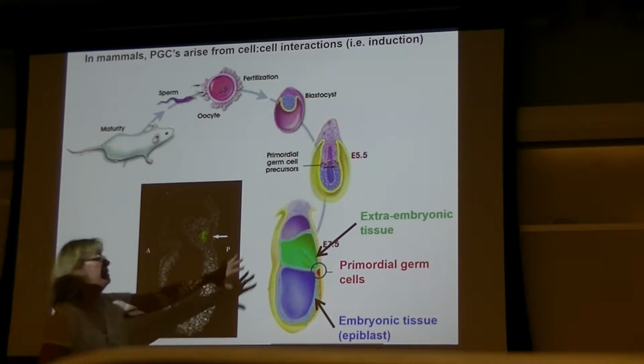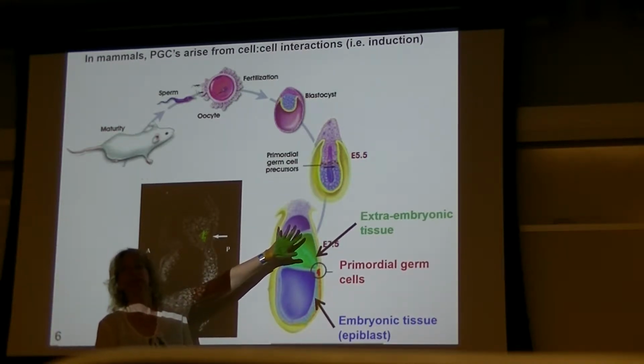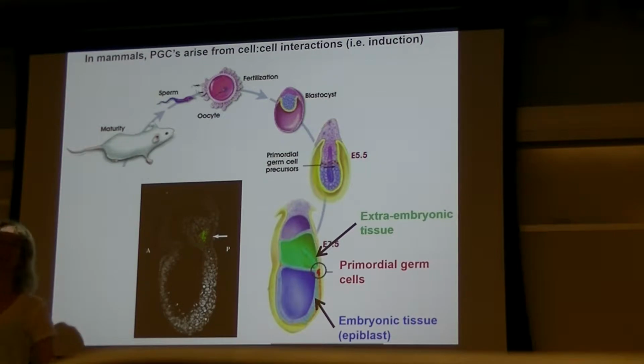Two of these layers will eventually contribute to membranes that surround the embryo and become part of the placenta. So any of those cells would not be part of the embryo itself. They're extra-embryonic.